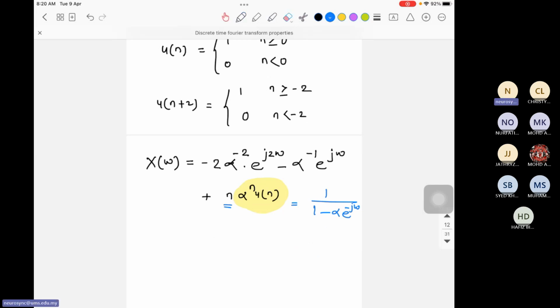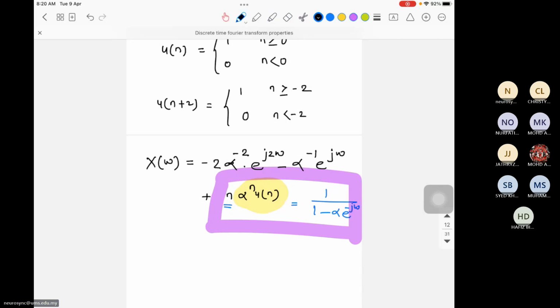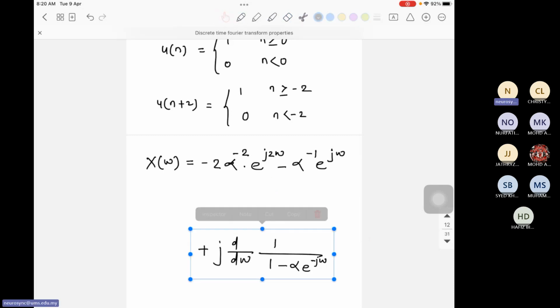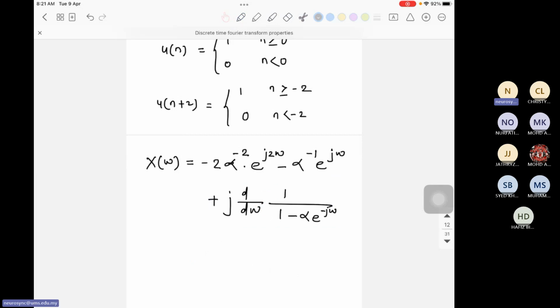Therefore, this entire term I can write as plus j times d by d omega of 1 by 1 minus alpha e to the power minus j omega. Are you getting my point? So the DTFT of this I can write like this.